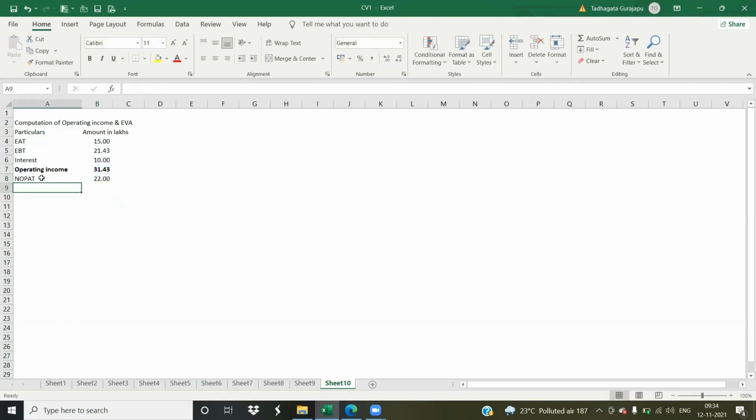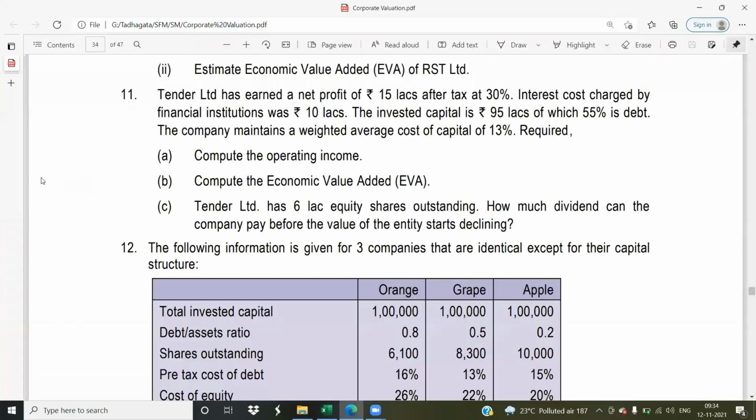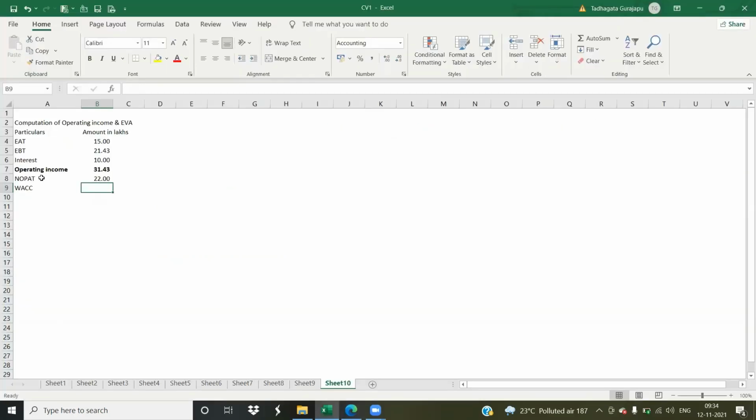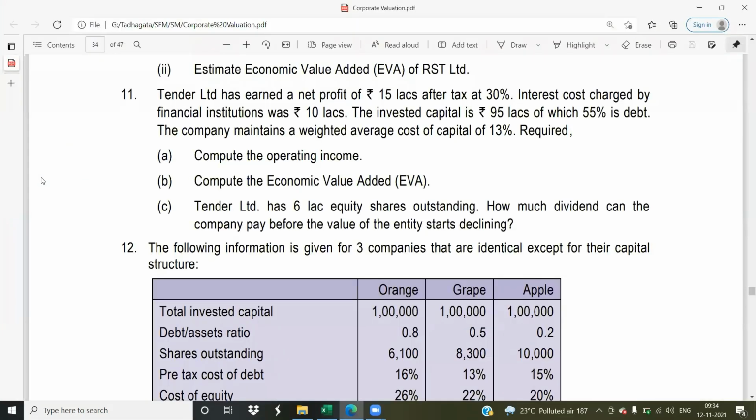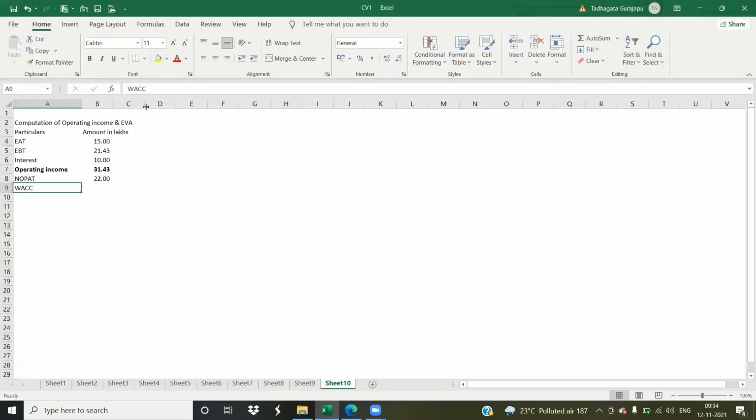Now WACC is given, what is it? 13%, right? WACC is 13%. WACC into invested capital is what we want.